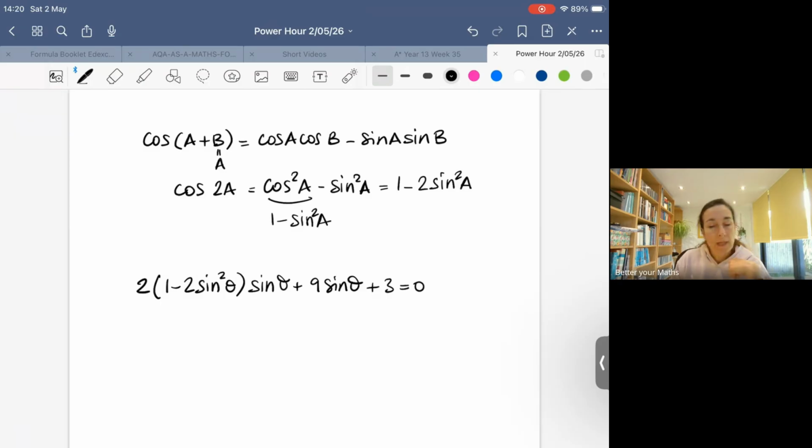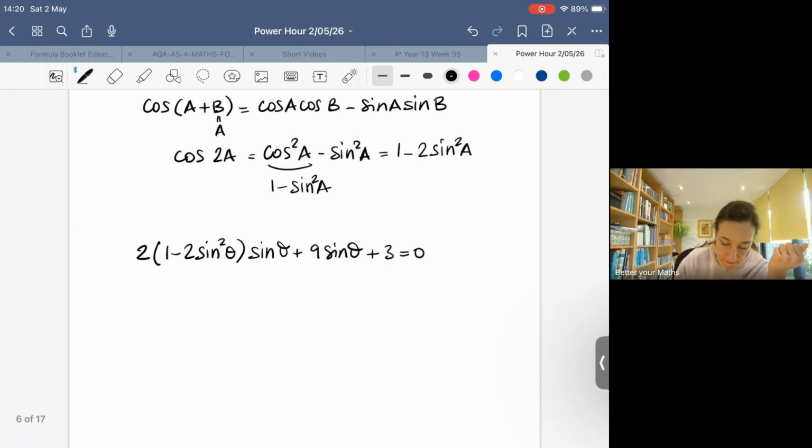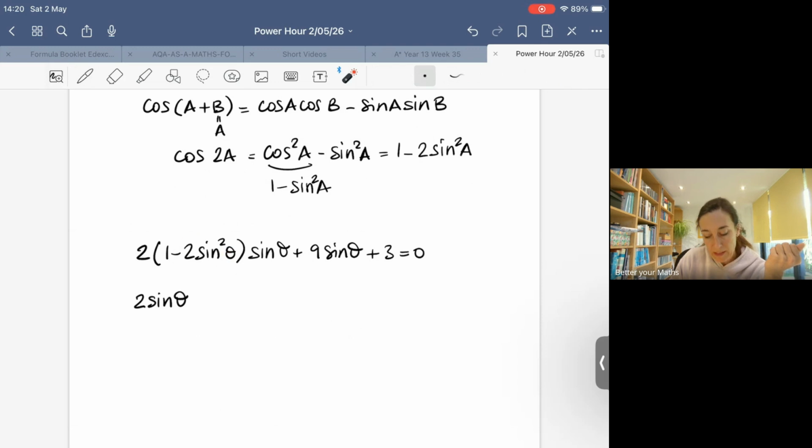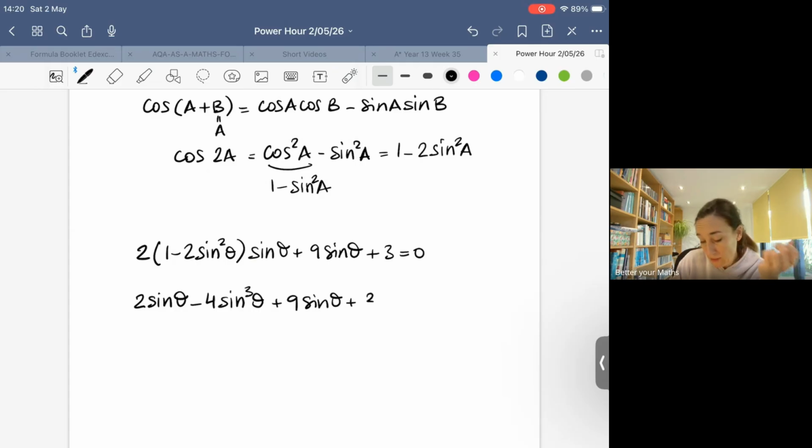Yeah, expand brackets, reorganize, and we are going to have that cubic. So if I expand these brackets, I have 2 times 1 times sine. Yeah. So 2 sine theta. Then 2 times minus 2 sine squared sine becomes minus 4 sine cubed theta, and then plus 9 sine theta plus 3, and then you see that we have it.